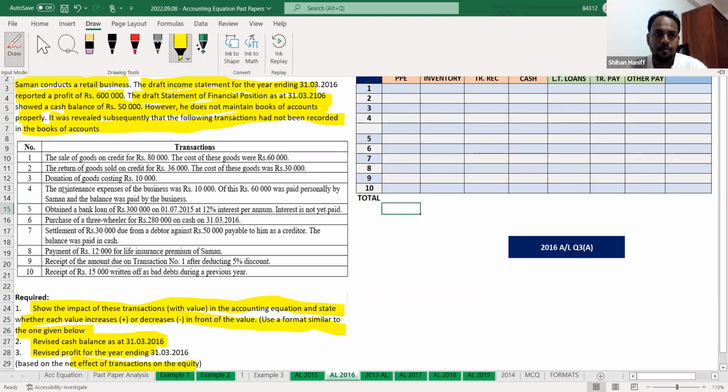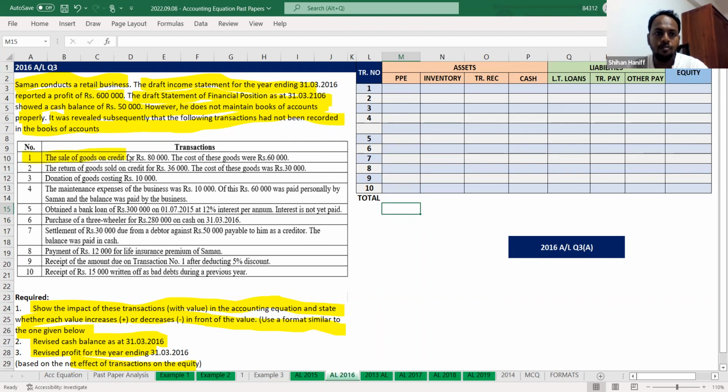Number one. The sale of goods on credit for 80,000.